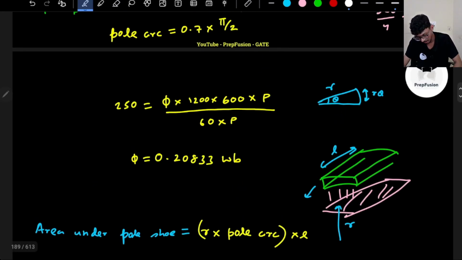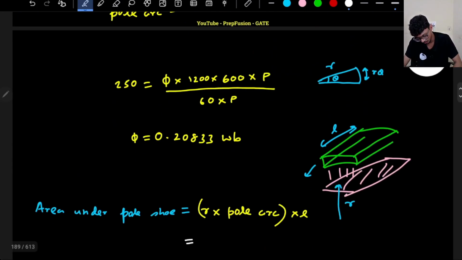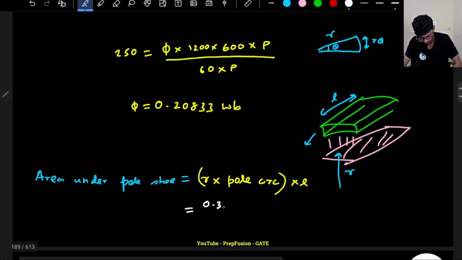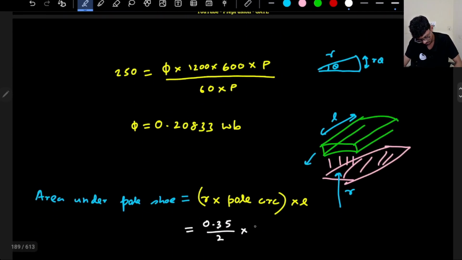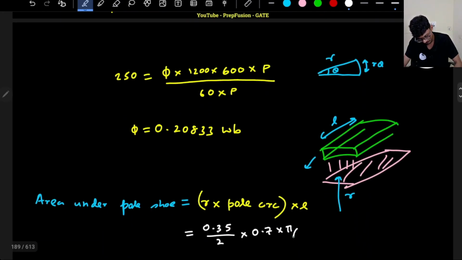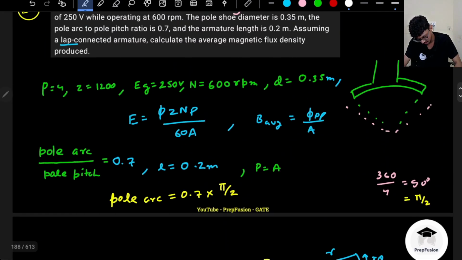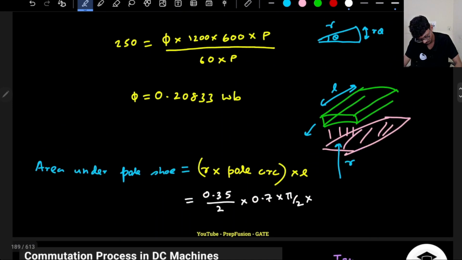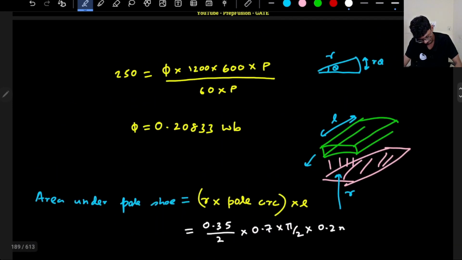R will be what? Diameter they have given is 0.35. So R will be 0.35 divided by 2 into pole arc. Pole arc is 0.7 into pi by 2 into length. Length is 0.2 meter. So what is the area?